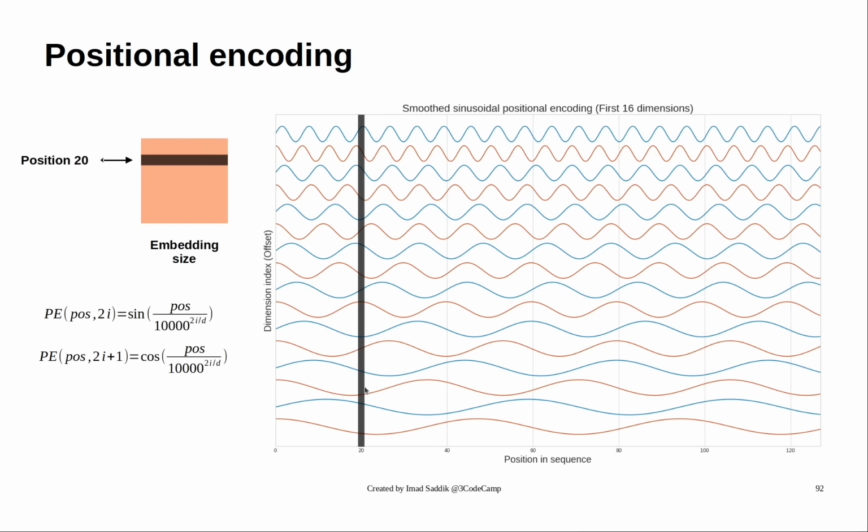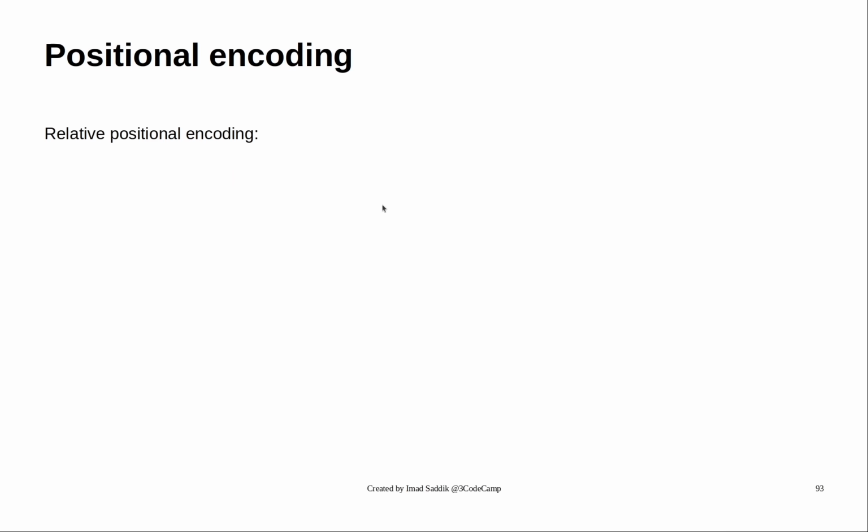At position 20, we sample values from all the waves, and just like that, we create our positional vector. If you want to get the vector at position, let's say 60, you come here, intersect these waves, and get the values. Just like that, you construct the positional vector at that specific position. That's it for absolute methods.